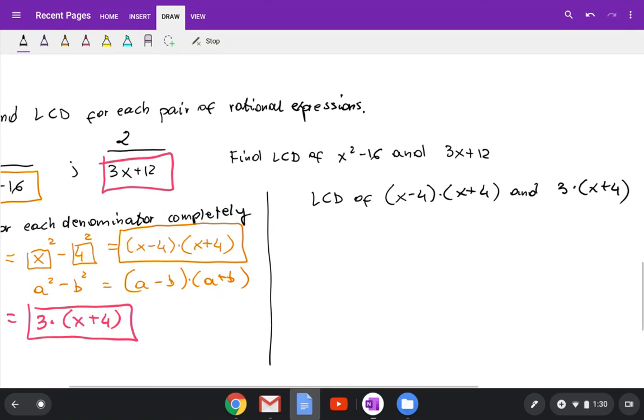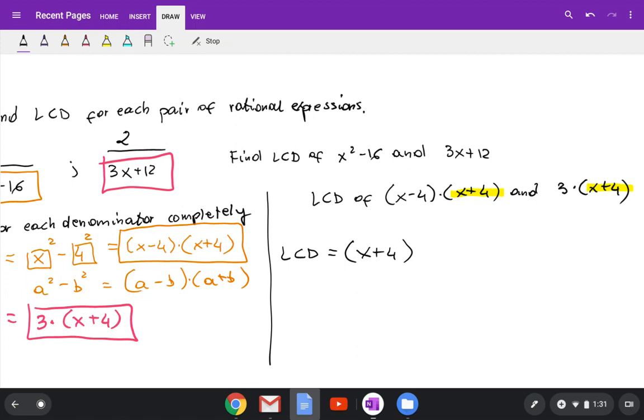Okay, so what's going to be the LCD? First, I recommend working with the factors which repeat. So the factor which repeats is x plus 4 and x plus 4. They both are raised to the power of 1. So we're going to copy that once, x plus 4. Okay, and you multiply that by the remaining factors, which don't repeat.